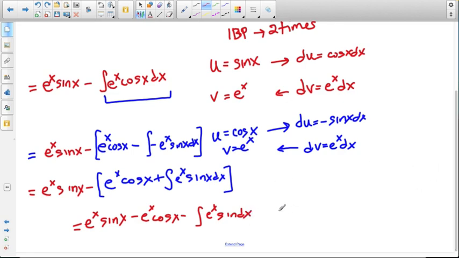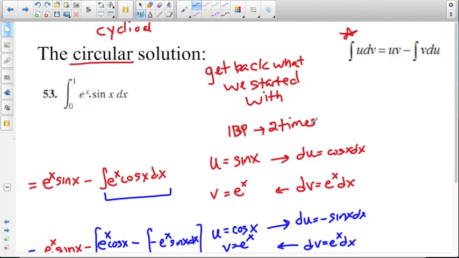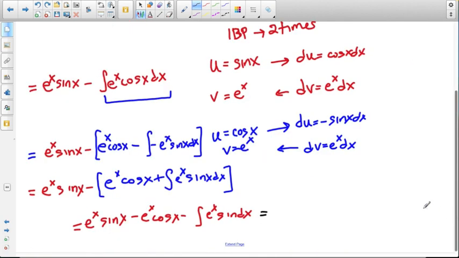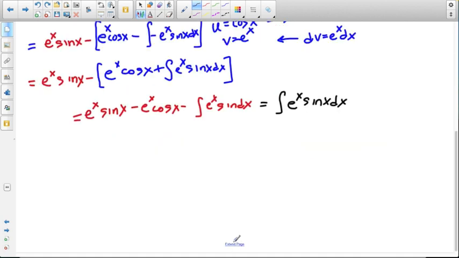And what we do then is we set that equal to what the original problem was. And the original problem statement was e to the x sine x. So we were integrating e to the x sine x dx. So if you notice, we still have an integral in the expression, but that's okay.